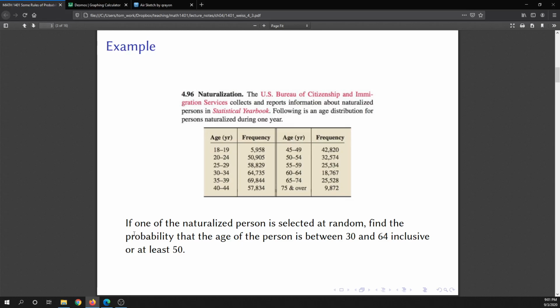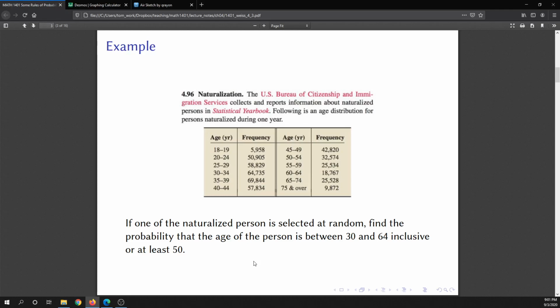Okay. So it says if one of the naturalized persons is selected at random, find the probability that the age of the person is between 30 and 64 inclusive, or at least 50. All right, so I'm going to take a second. I'm going to write that down.